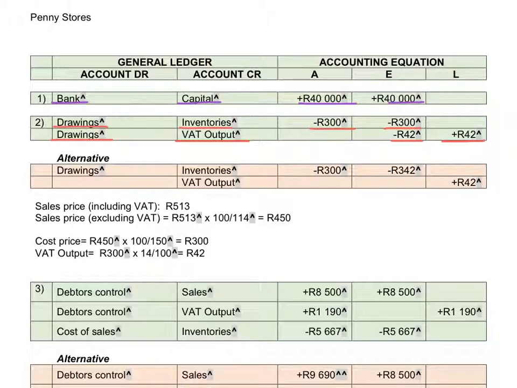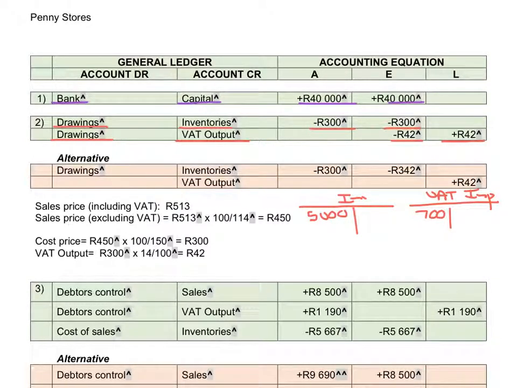The alternative method is where we buy goods: we will debit the inventory account with the purchase price, say for instance 5,000 Rand, and we will debit VAT input to indicate that we will claim the VAT back from SARS.